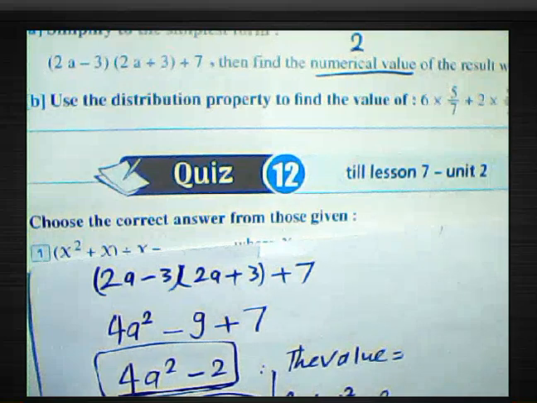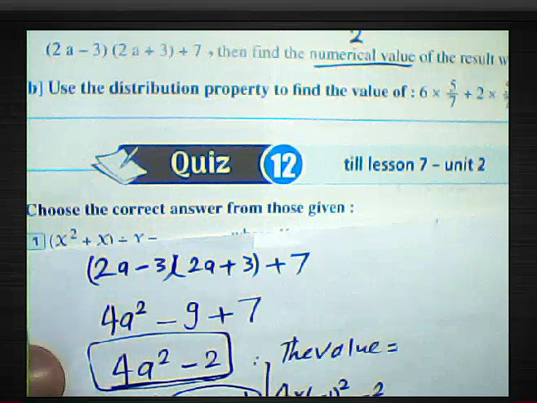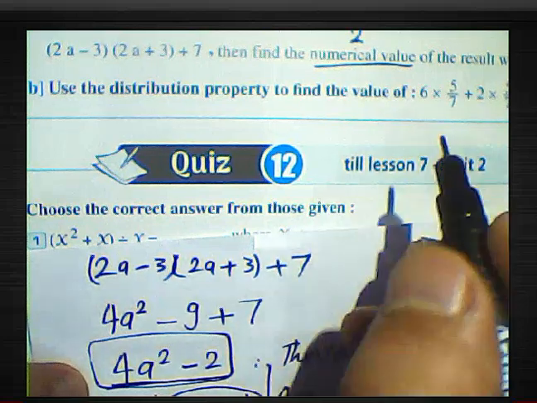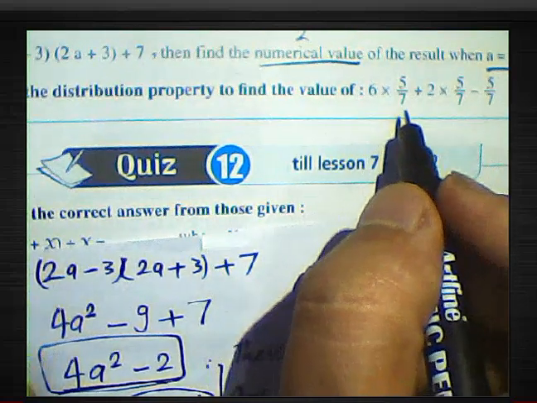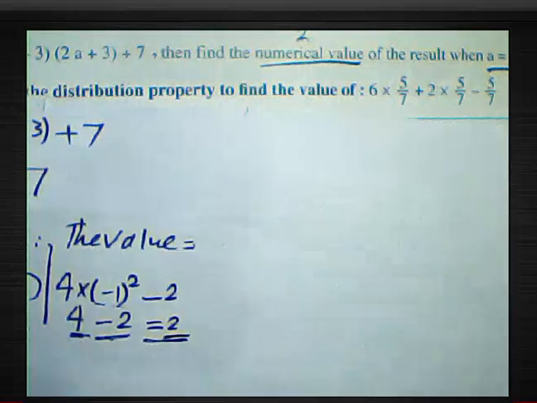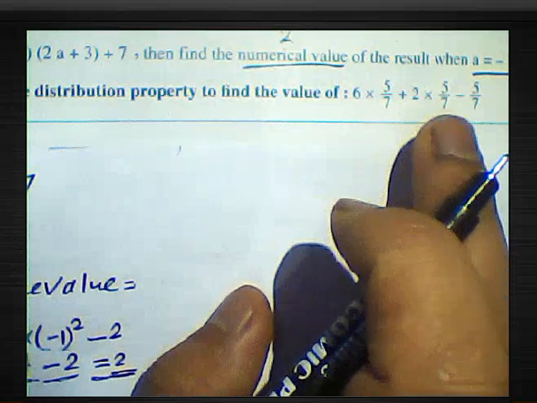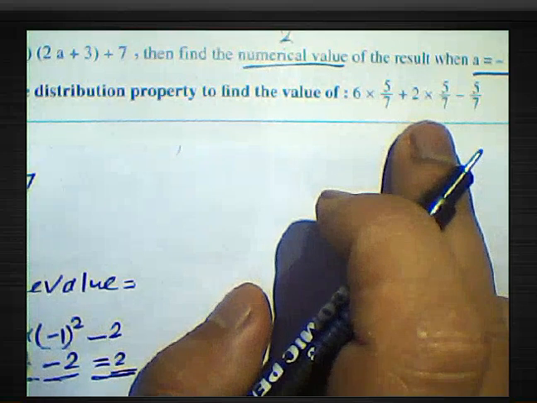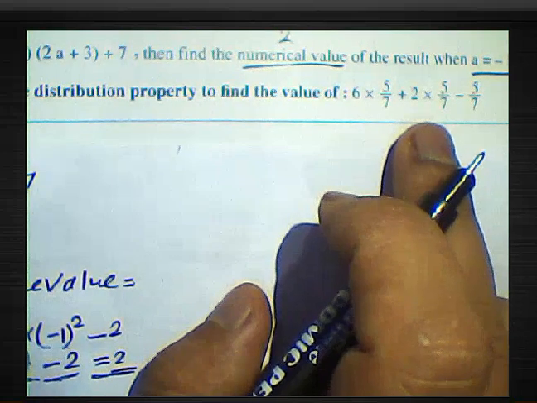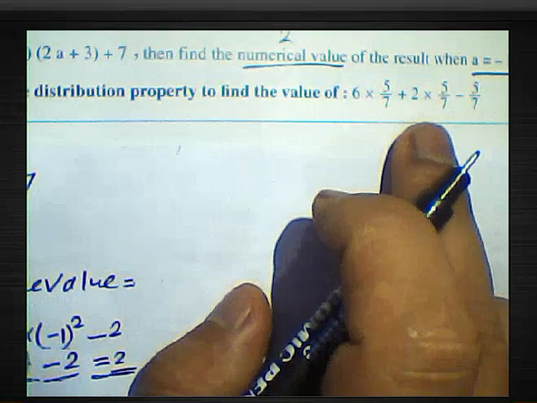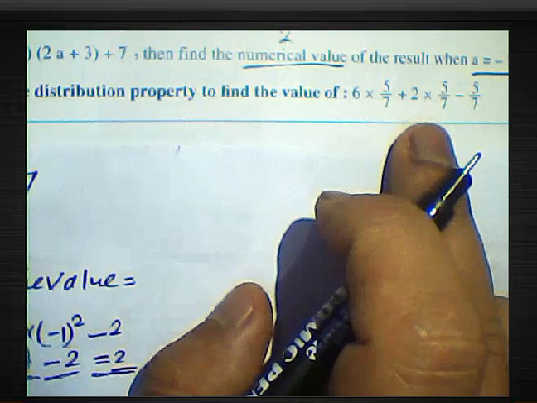Okay. Letter B. Use the distributive properties to find the value of this expression. It's very important, this example. In any quiz, we can find this example. And at the end of the term, he must put this question in your quiz, okay?